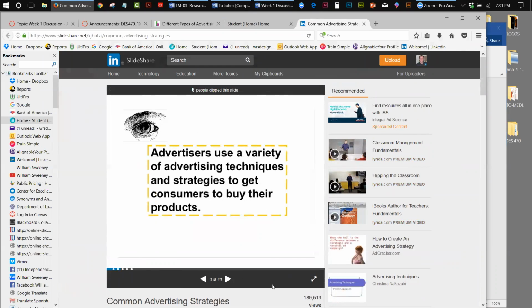Advertisers use a variety of advertising techniques and strategies to get their consumer to buy their products. This is something that you'll find common, that most often there's not just one particular technique being employed, but there are a number of techniques being employed that springboard back and forth from one to another to pique the interest of the consumer.